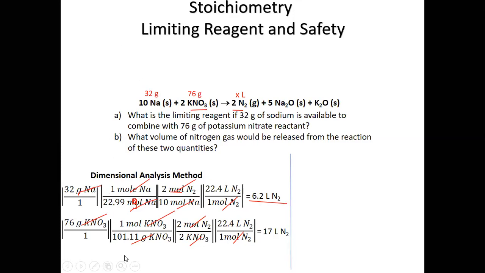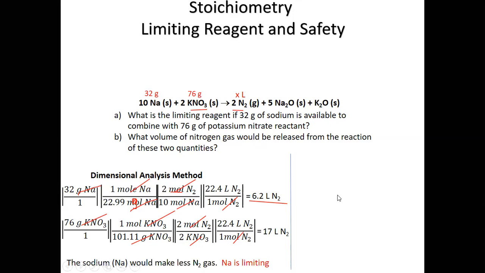So we say sodium is our limiting reagent because it makes less nitrogen gas. 32 grams of sodium only makes 6.2 liters of nitrogen. Counter to that, 76 grams of potassium nitrate makes 17 liters. So we would run out of sodium first. Na, or sodium, becomes limiting.